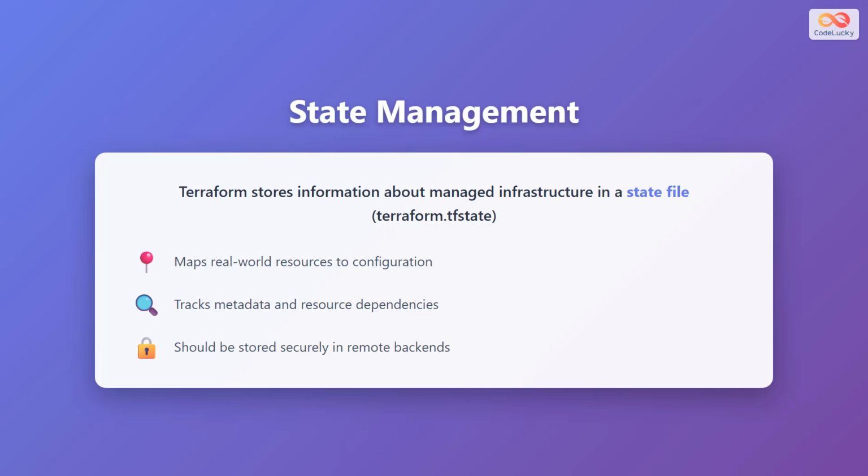Second, it tracks metadata and resource dependencies, understanding the relationships between different infrastructure components. Third, it should be stored securely in remote backends for team collaboration. Never commit state files to version control as they may contain sensitive information. Instead, use remote backends like AWS S3 or Terraform Cloud.